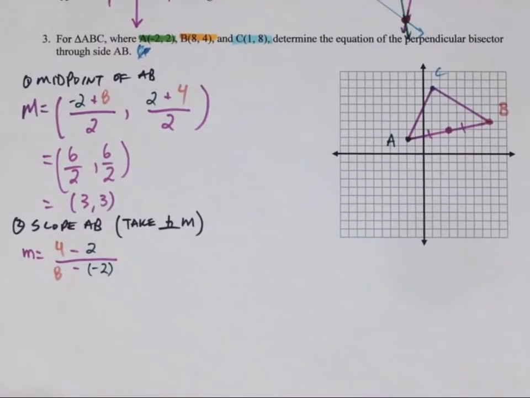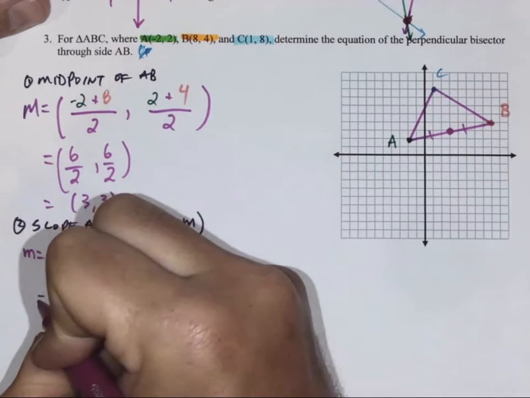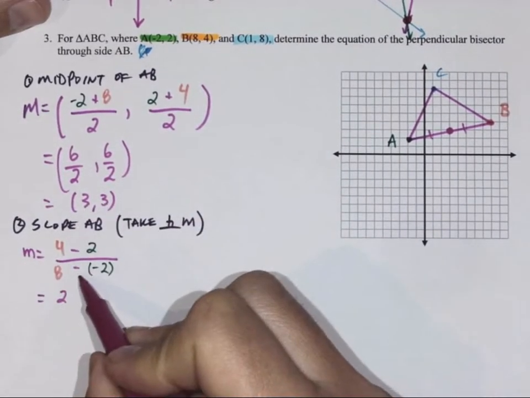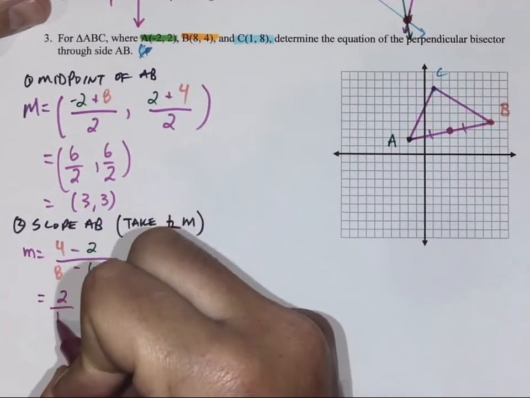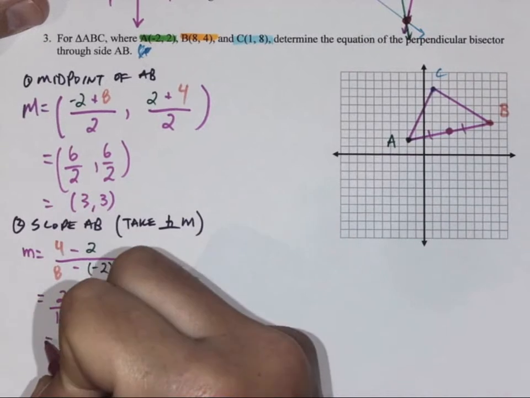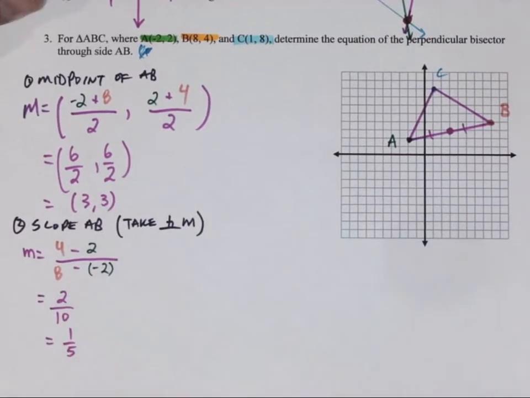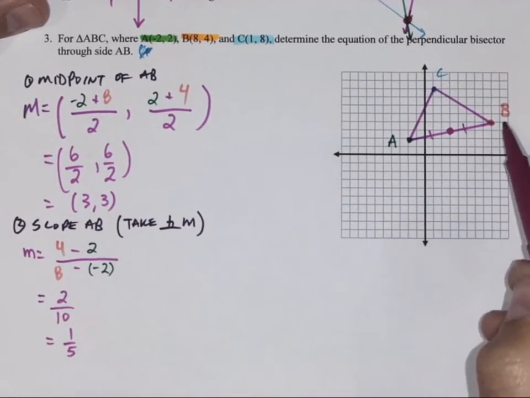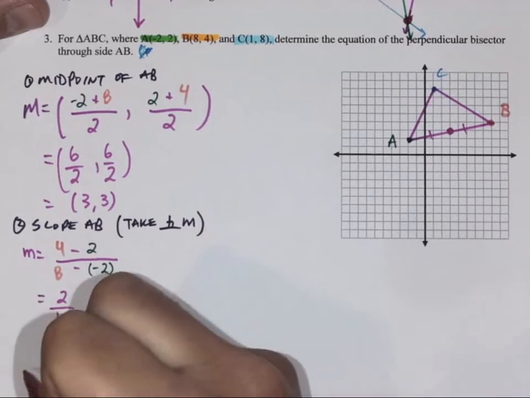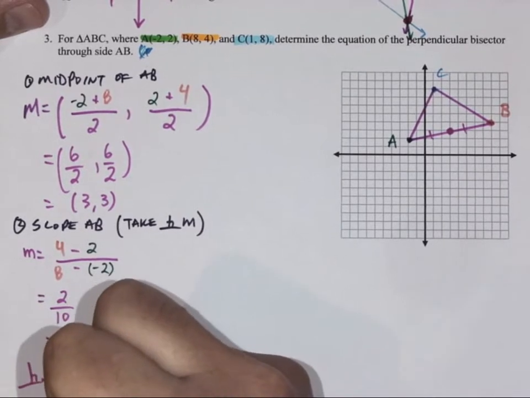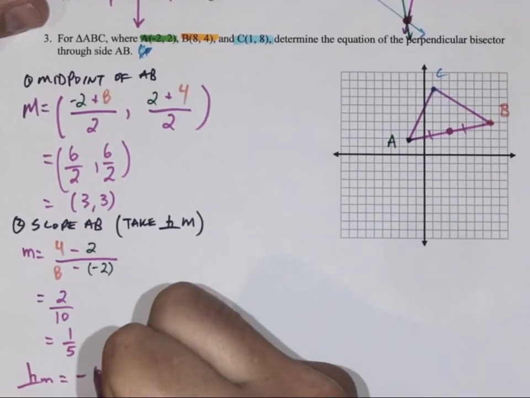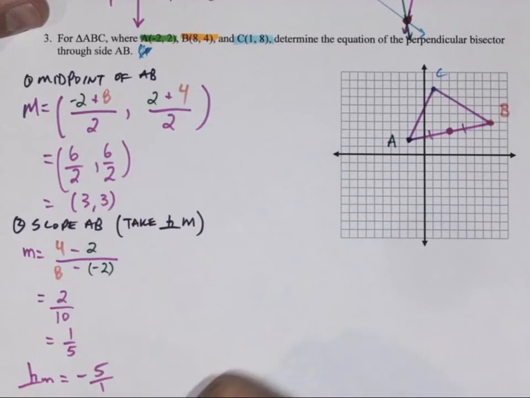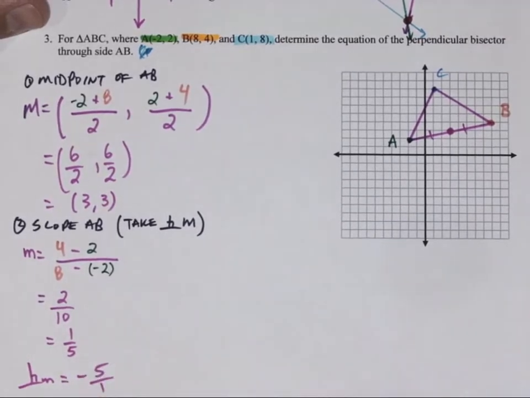And we continue to math. 8 minus negative 2 is 8 plus 2. We reduce that to 1/5. So that is the actual slope of A to B. We need the negative reciprocal. We actually want negative 5 over 1, which is really just negative 5.